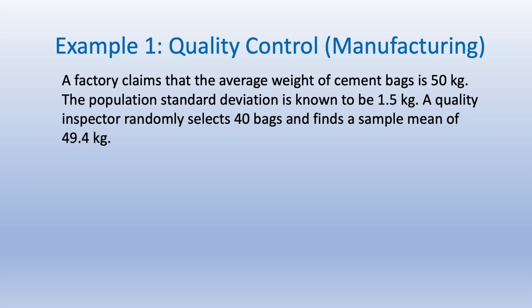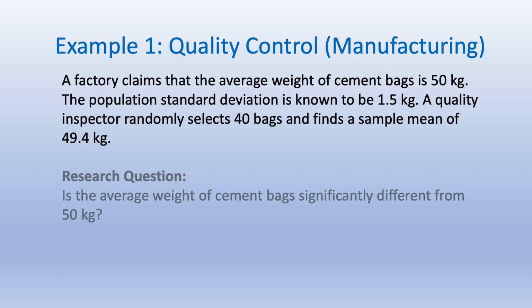The population standard deviation is known to be 1.5 kg. A quality inspector randomly selects 40 bags and finds a sample mean of 49.4 kg. The research question states, is the average weight of cement bags significantly different from 50 kg?